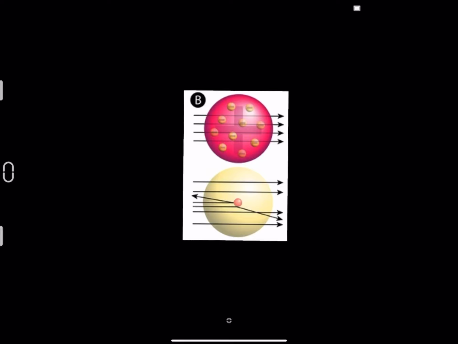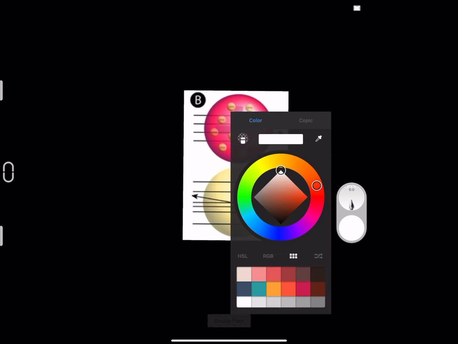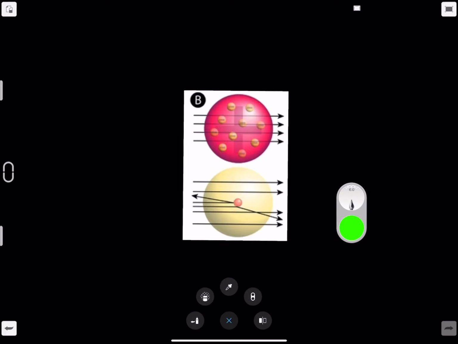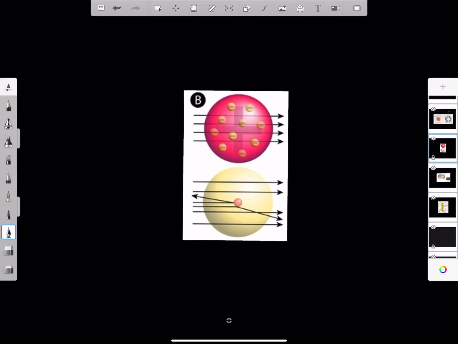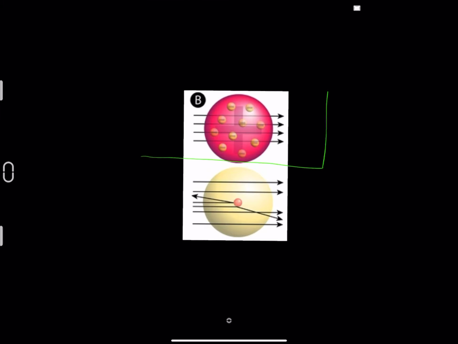If you look at this diagram here, the two images here, you can see the top image. The top image here, this is what they were expecting. So this was the expected results, where the alpha particles, represented by the arrows that are going from left to right, this is the image that they were expecting.